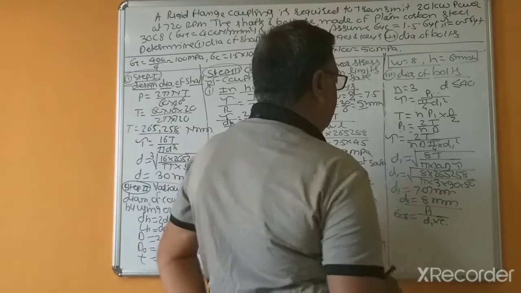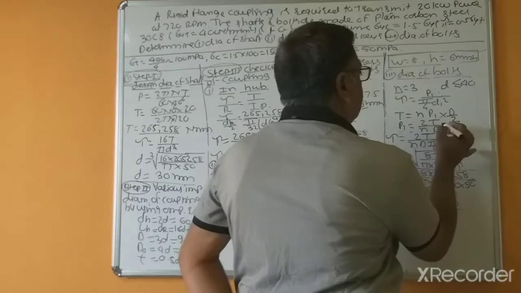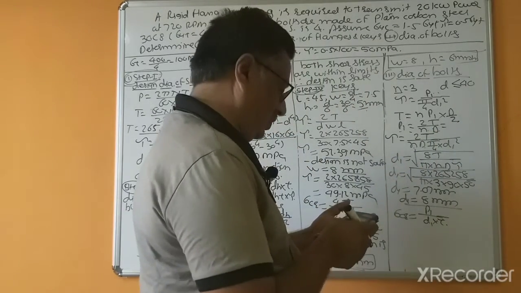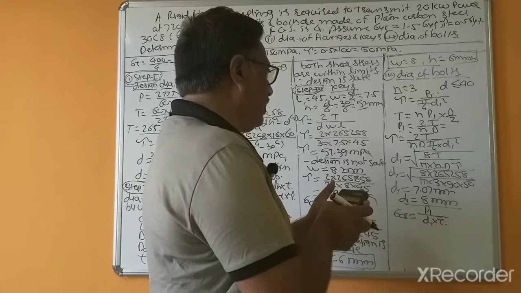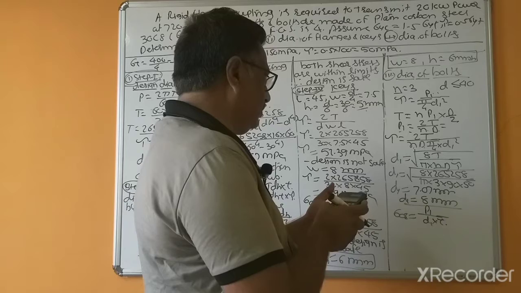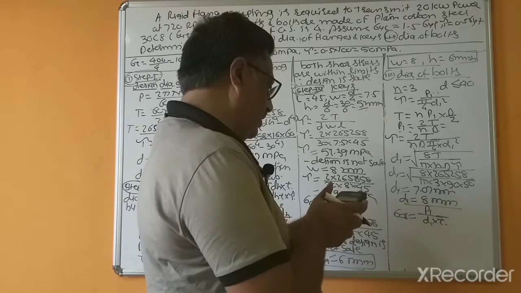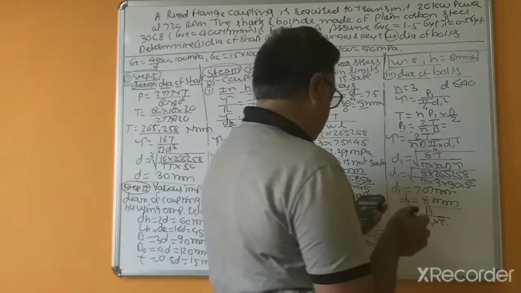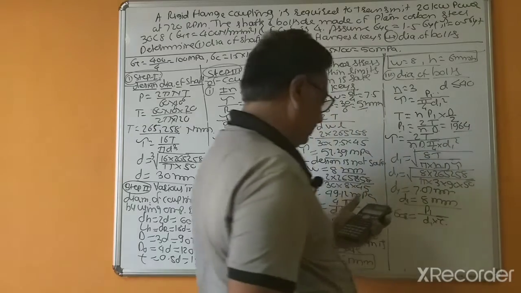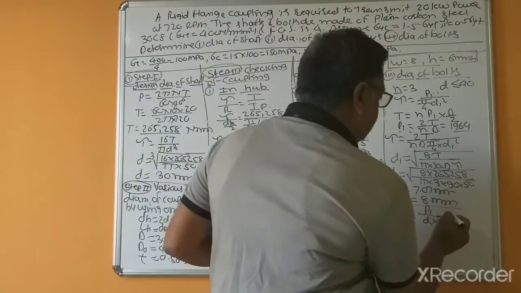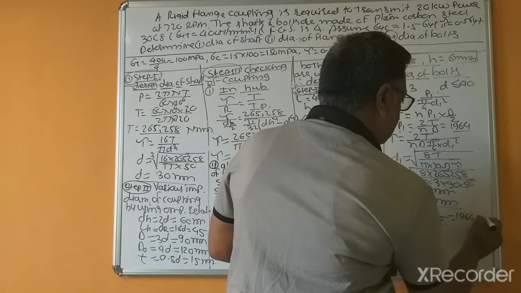First we calculate P1: 265258 multiplied by 2, divided by 3, divided by 90, which is 1964.87.